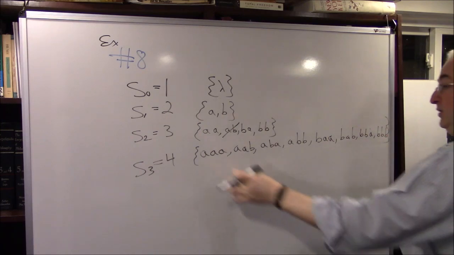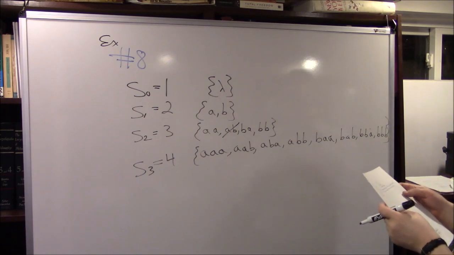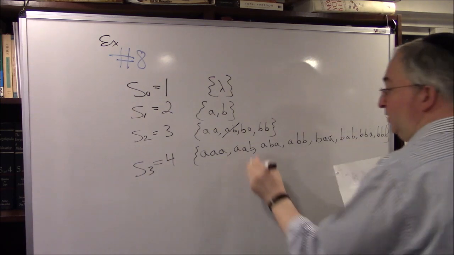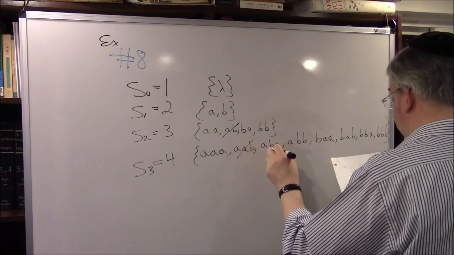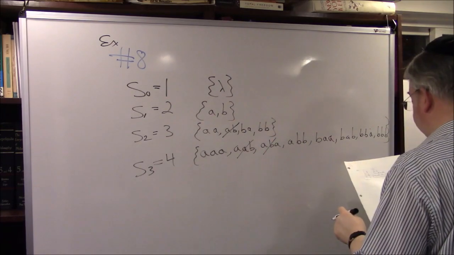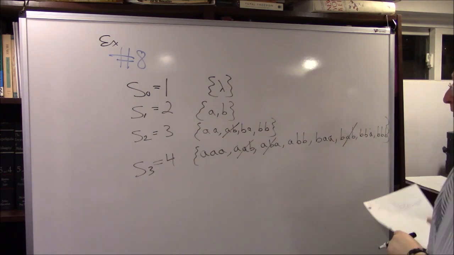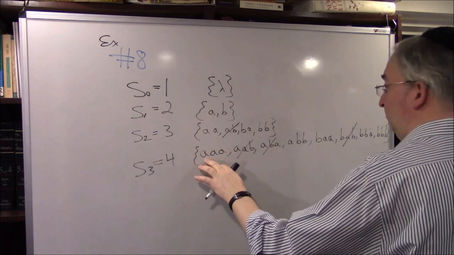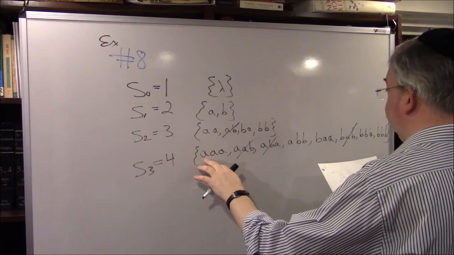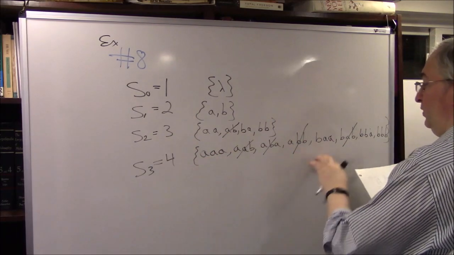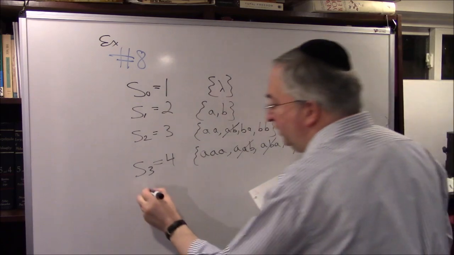Let's make sure we have 8. 1, 2, 3, 4, 5, 6, 7, 8. But we're canceling out all the ones with an AB in it. So this has an AB in it. This has an AB in it. And this has an AB in it. Okay, and what's left? Sorry, I messed up, this has an AB in it too. 1, 2, 3, 4.